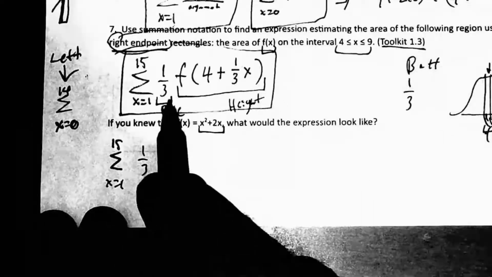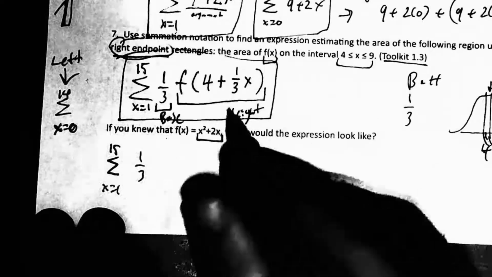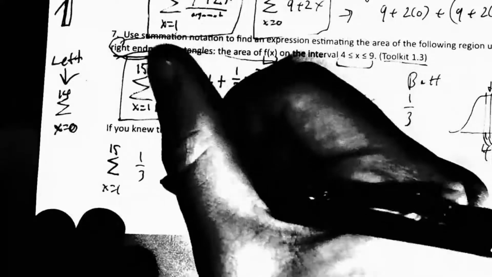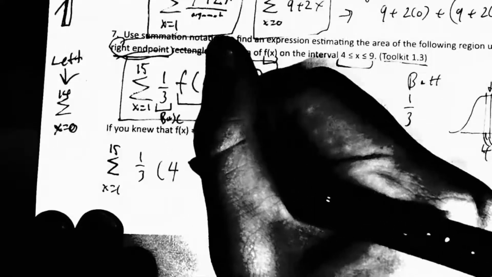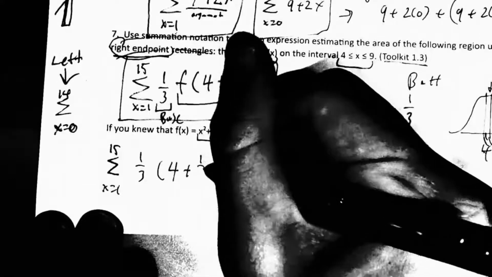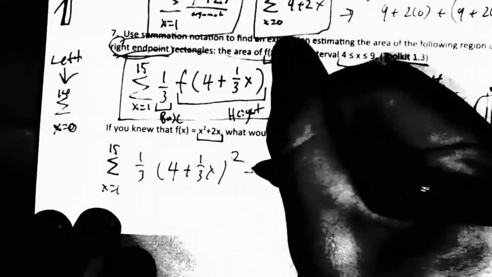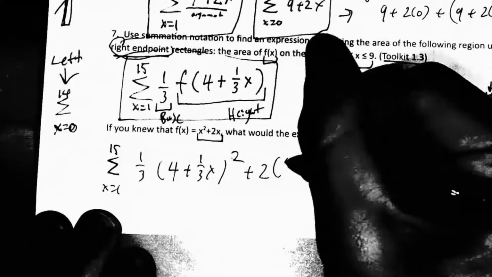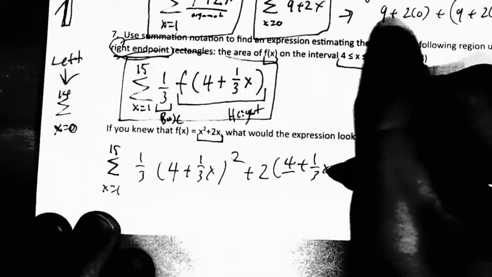But instead of f of 4 plus 1/3 x, let's write in this function instead. So instead of x, we're going to have 4 plus 1/3 x, squared, plus 2 times 4 plus 1/3 x.